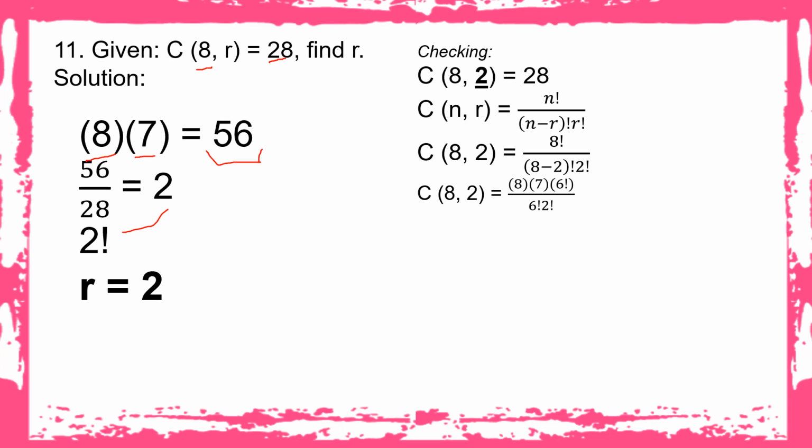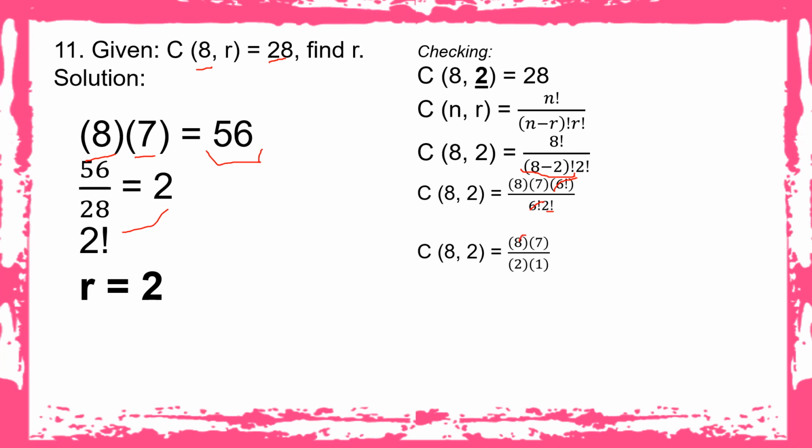I only end in 6 factorial in our numerator because if we simplify, 8 minus 2 factorial is equal to 6 factorial. So cancel. The only remaining numbers are 8 times 7, and in our denominator 2 factorial, so this is 2 times 1.